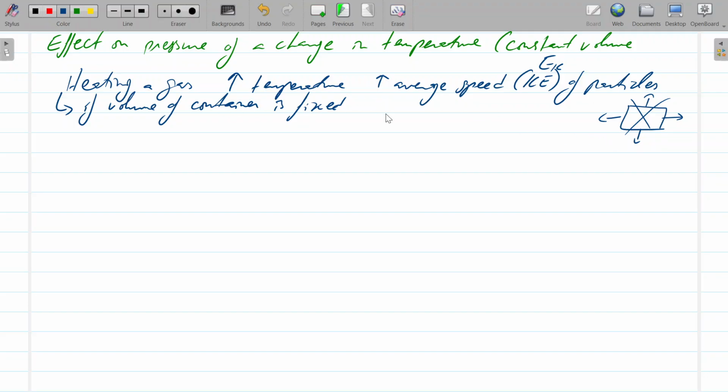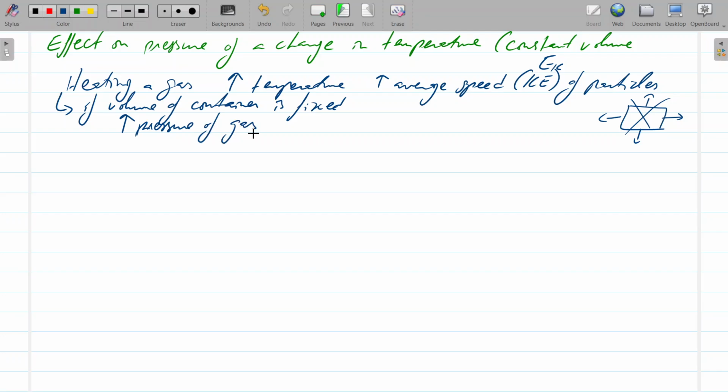The volume is not changing. It doesn't increase and it doesn't decrease either. Whatever volume you have, that's it. And so what you will notice is that the pressure of the gas will increase. And why will it increase?